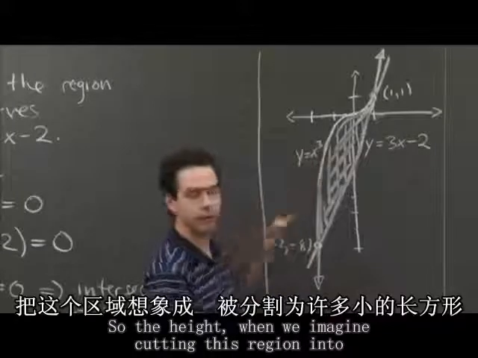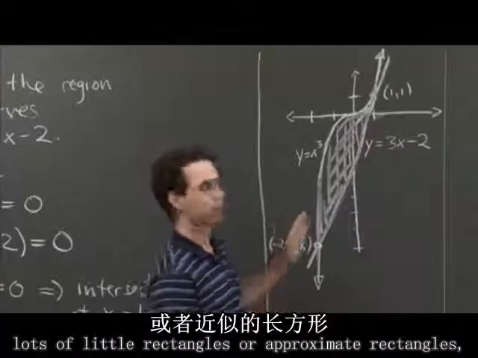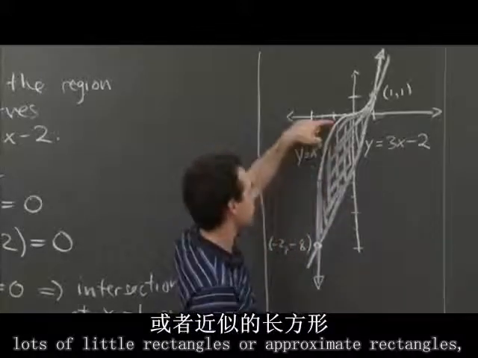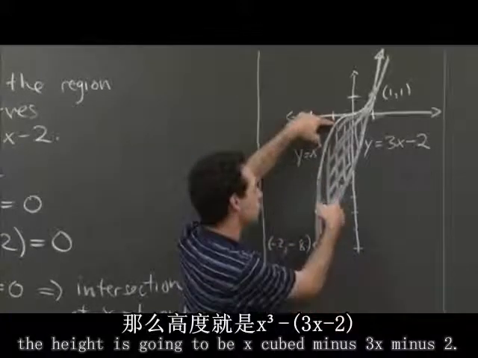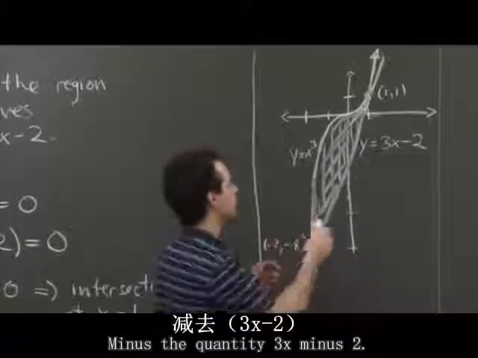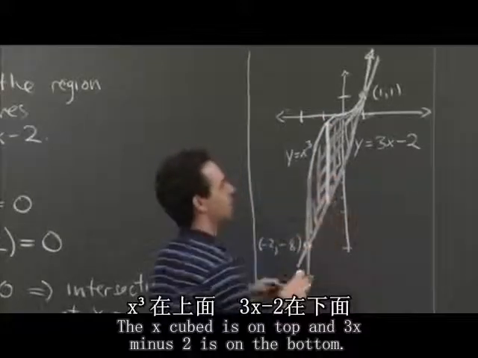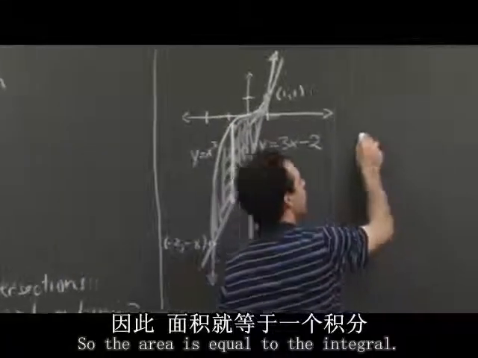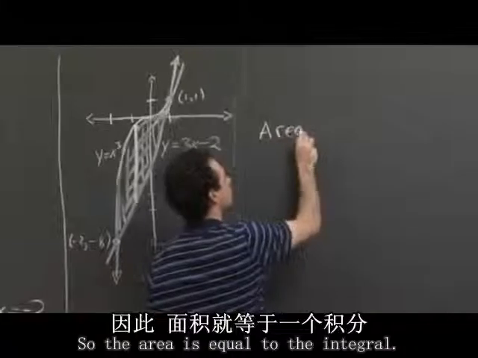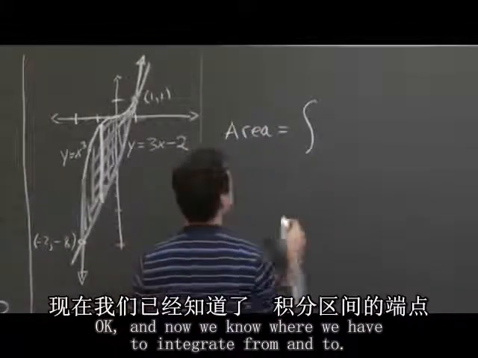So when we imagine cutting this region into lots of little approximate rectangles, the height is going to be x cubed minus the quantity 3x minus 2. The x cubed is on top, and 3x minus 2 is on the bottom. So the area is equal to the integral, and now we know where we have to integrate from and to.